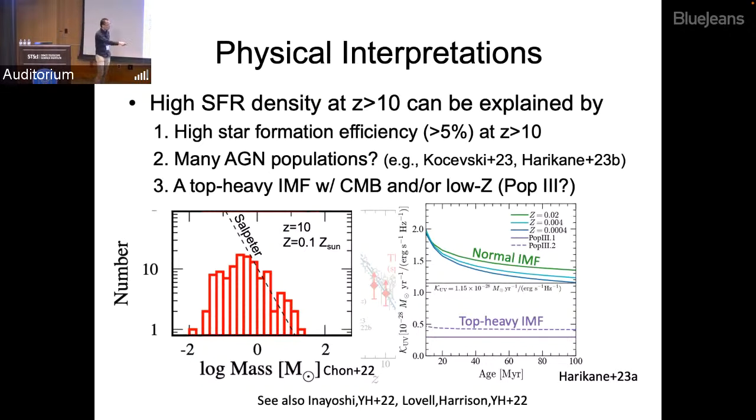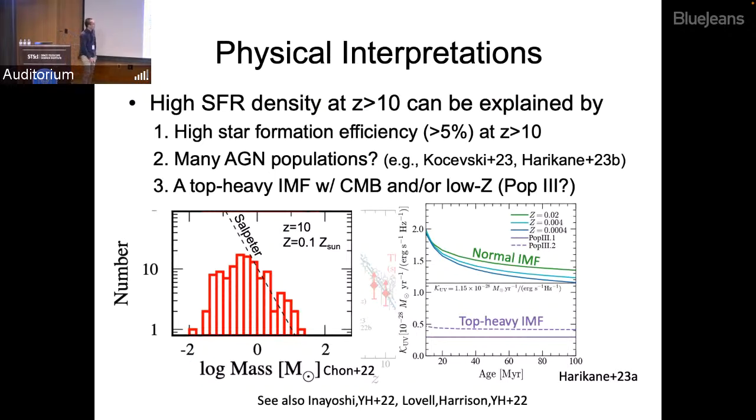Okay? So the right panel shows K_UV, which is a conversion factor from the UV luminosity to the star formation rate. This black line is our assumption. If we assume a normal initial mass function, then this K_UV conversion factor is similar to our assumed value. However, if we assume a top-heavy initial mass function, then this K_UV conversion factor significantly decreases, because this top-heavy IMF makes many massive stars which boost the UV luminosities in the galaxies.